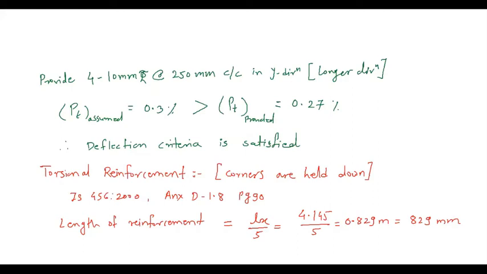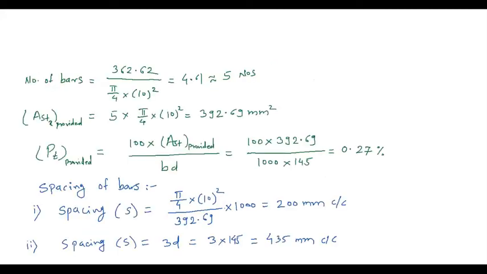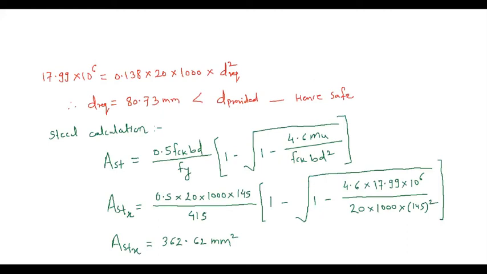Okay. Similarly, calculate the area of torsional steel. So now this is 3/4 of AstX, which is equal to 3/4 into what was the value of our AstX? 362.62.